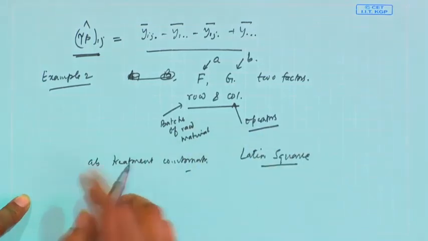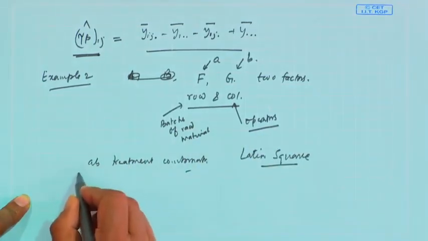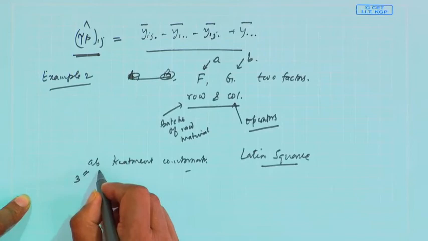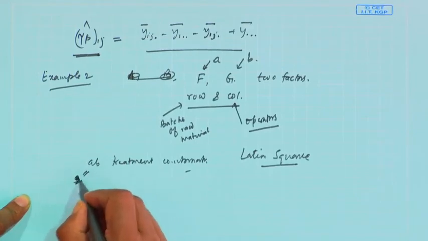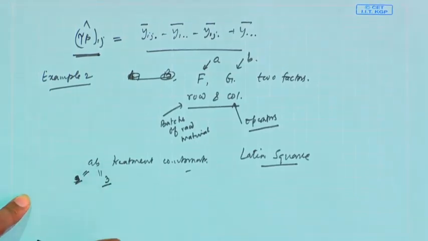So, what will we do here? Suppose A equal to 2 and B equal to 3, then we have 2 times 3, that is 6, treatment combinations.